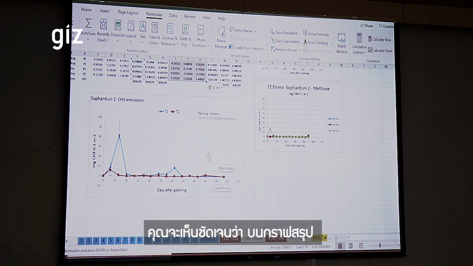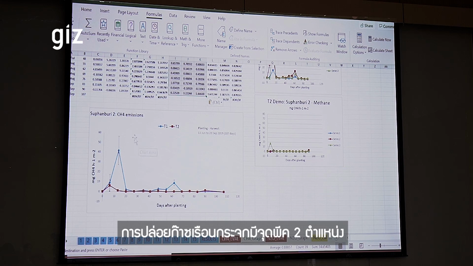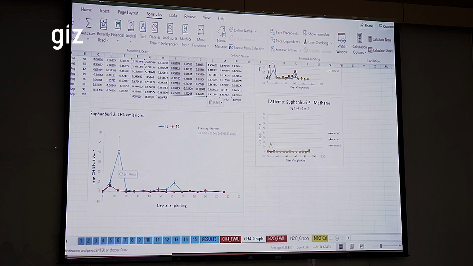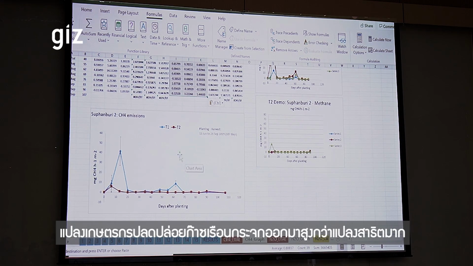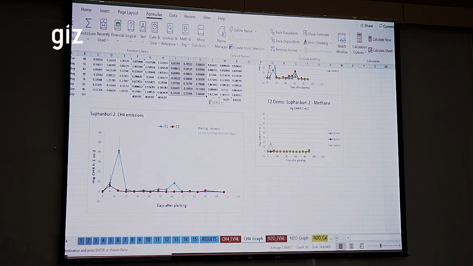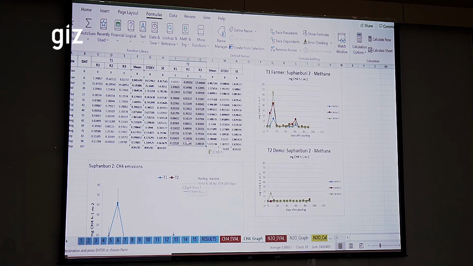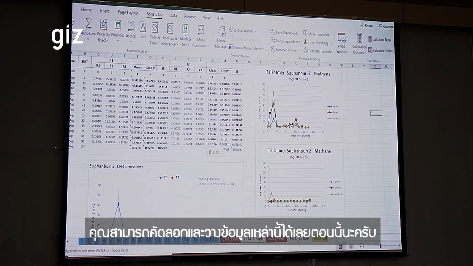So you can easily see, in the summary graph, that we have 2 peaks in the emissions, and that the emissions of the farmer practice, or the farmer plots, is significantly higher than the demo plots. So this you can do now and copy and paste these things.